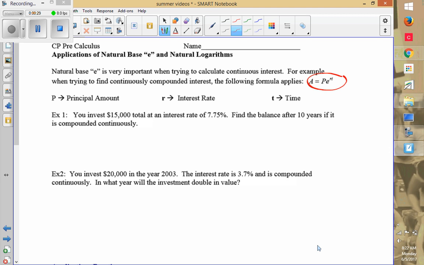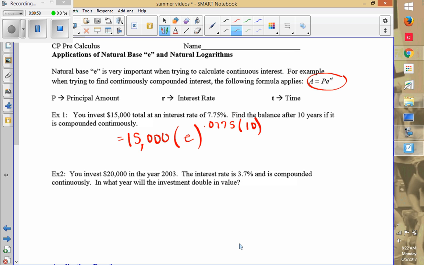If we start and invest $15,000, that's going to be our principal amount, so 15,000. e is going to be your base, and rt, so our rate is 7.75%, so our rate is going to be 0.0775, and we would like to know what this is after 10 years.